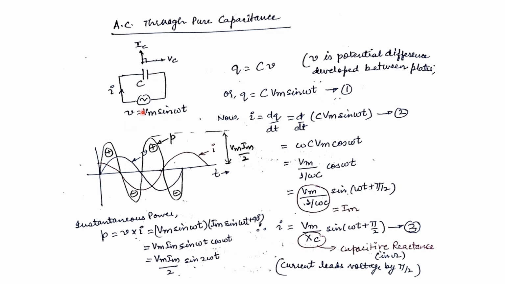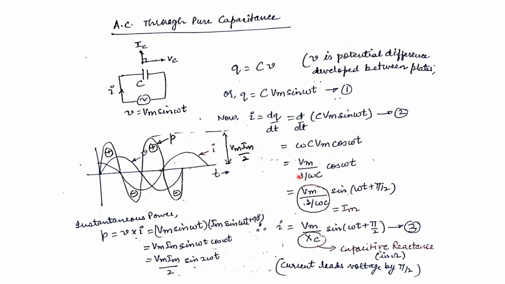Let v be the voltage which is developed across the plates of the capacitor at any instant, and q the charge on the plates of the capacitor. So we can write q is equal to Cv. In place of v, we can write Vm sin omega t. Now the current is given as the rate of flow of charge. So we can write i is dq by dt. That gives us equation 2.